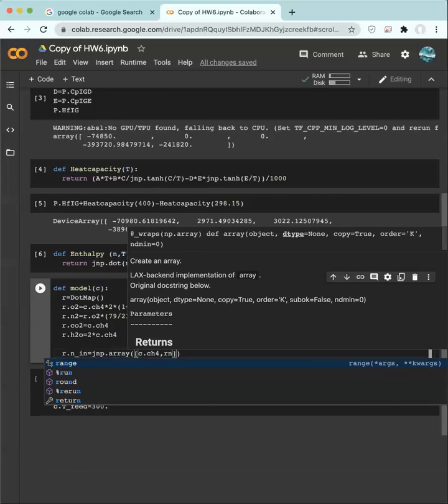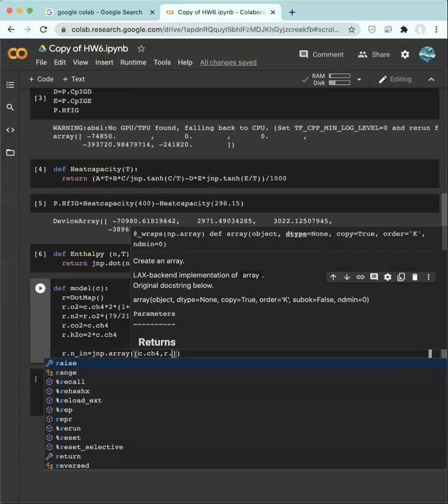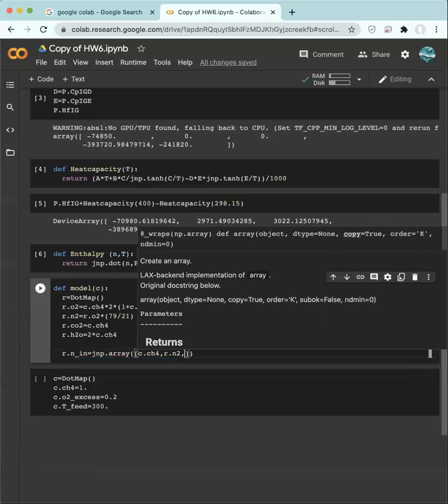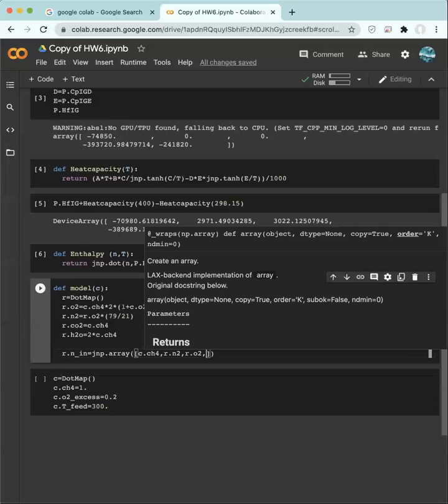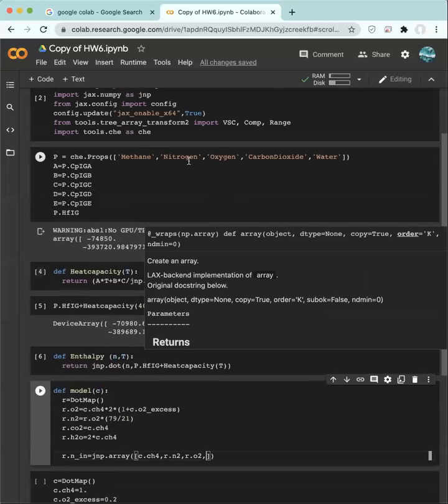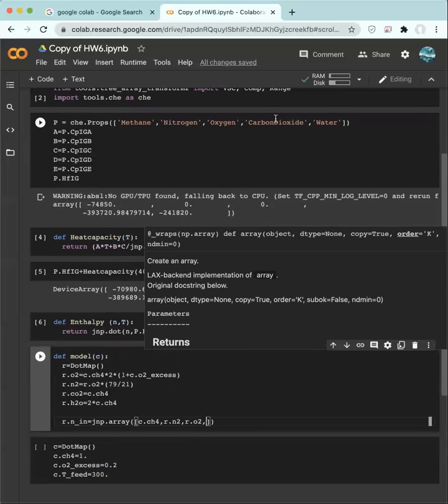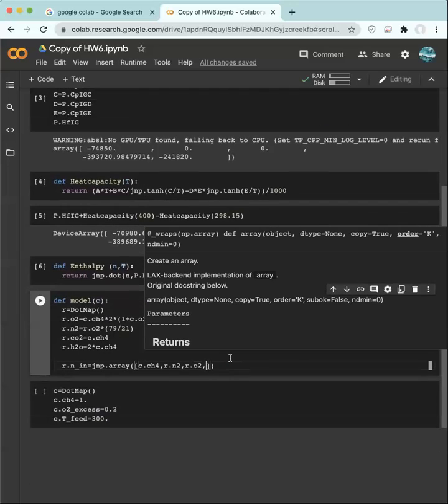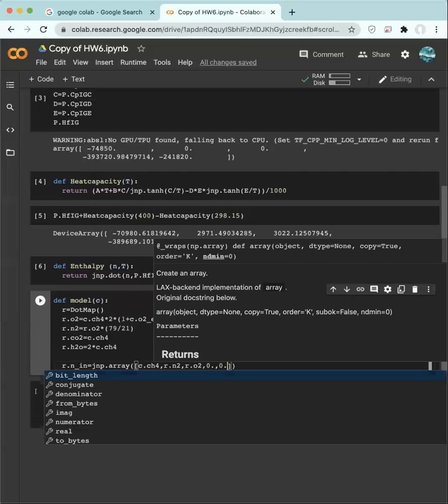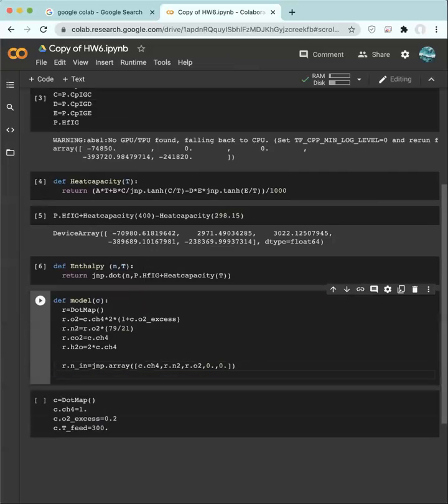Then we have R dot N2, that's coming in. R dot O2, and I'm going along this list of the substances that I have, and we're not having any carbon dioxide or water come in, so we're just going to put zeros for both of those.